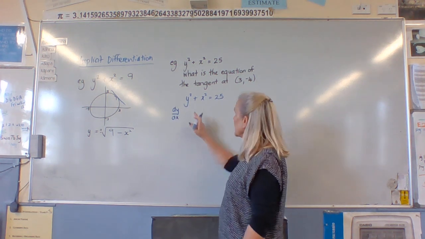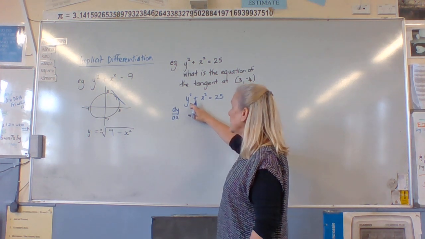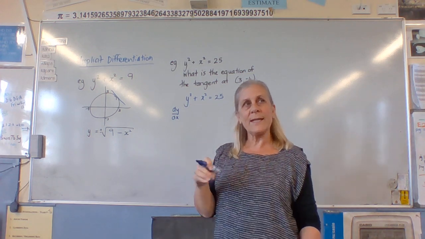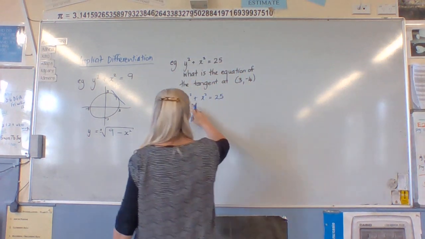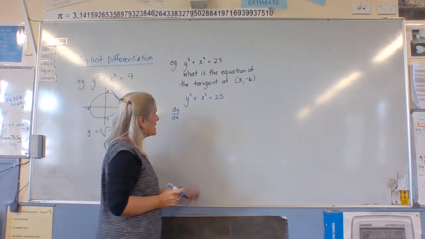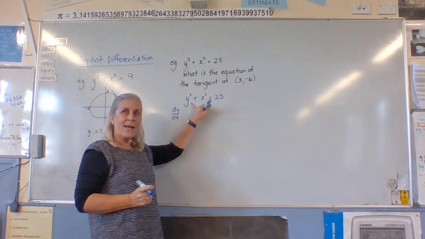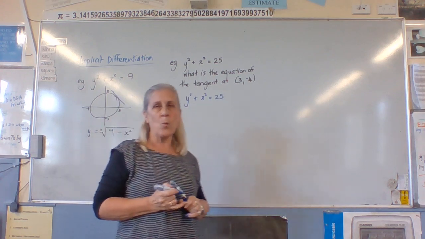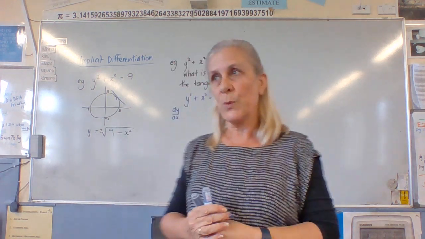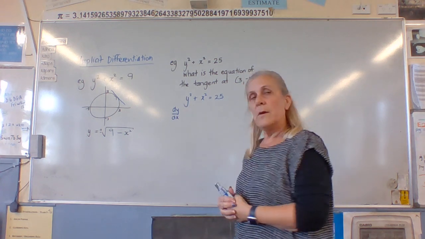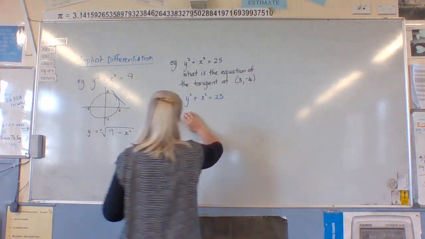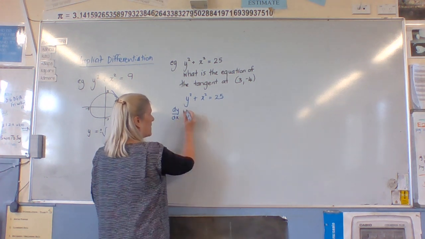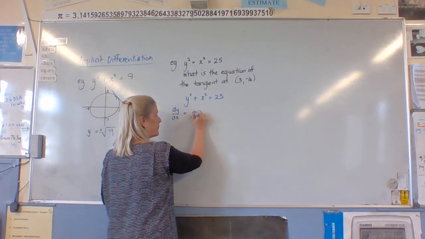Now the trouble here is that this y, I've not got any x's in it. So I need to differentiate this y. I can differentiate the rest of it, but this y, I can't differentiate in that same way. So what do I need to do? Okay, got this dy by dx, which is what I want to find. That's my gradient function.